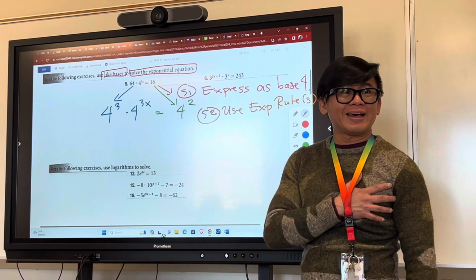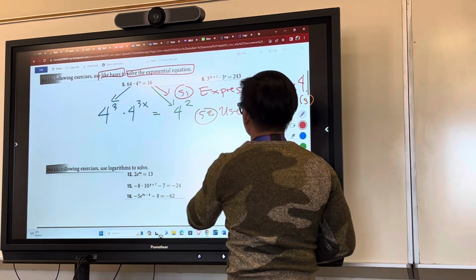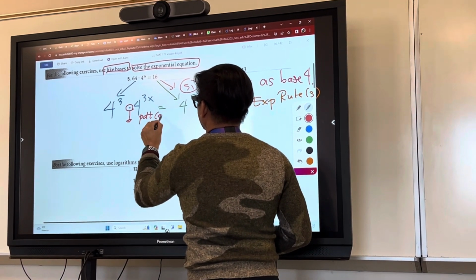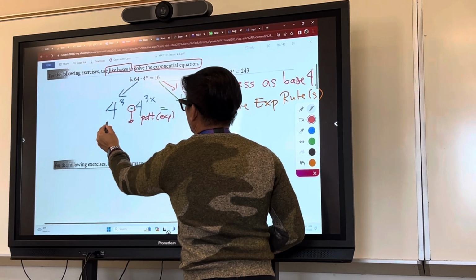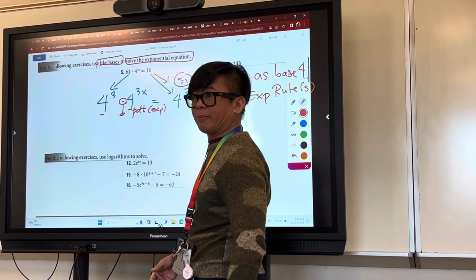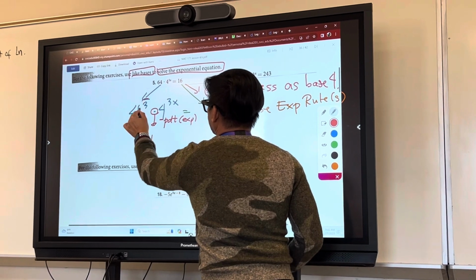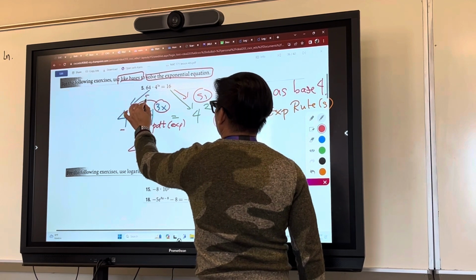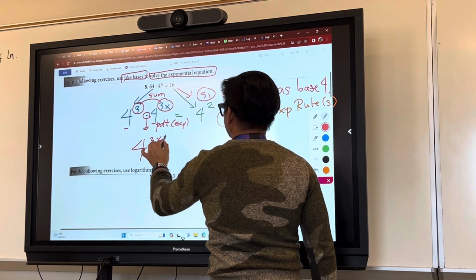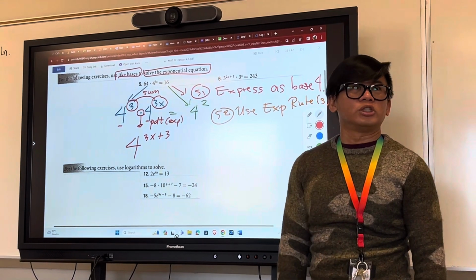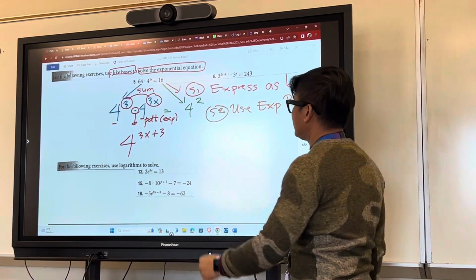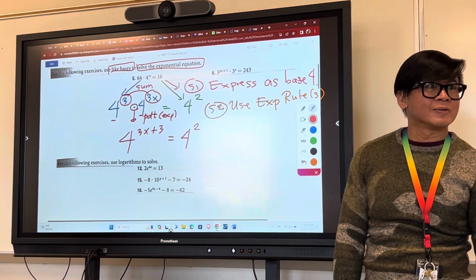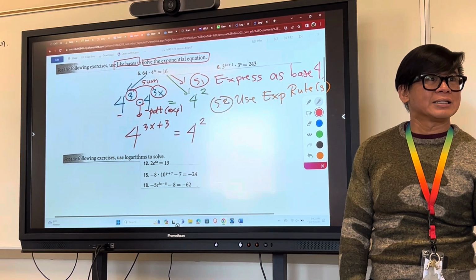That is the product rule for exponents. What do you do with the same base? Just copy it, 4. Now what do you do with the 3 and the 3x? You add them together. Get the sum. So it'll be 3x plus 3, or 3 plus 3x by the commutative property, which is equal to 4 squared.